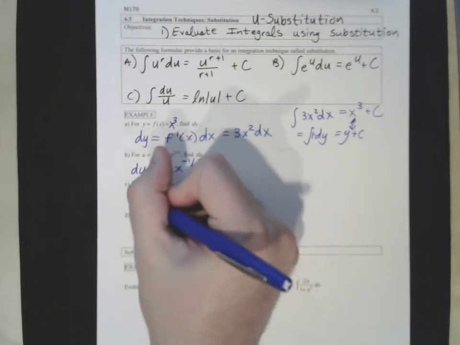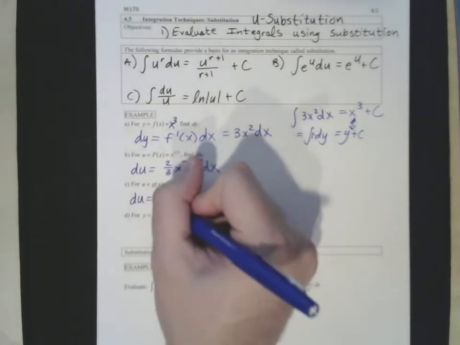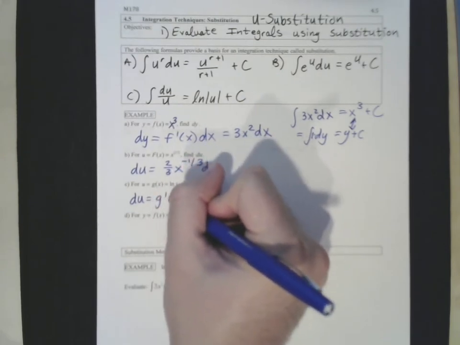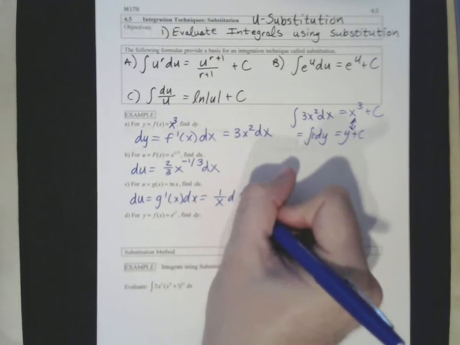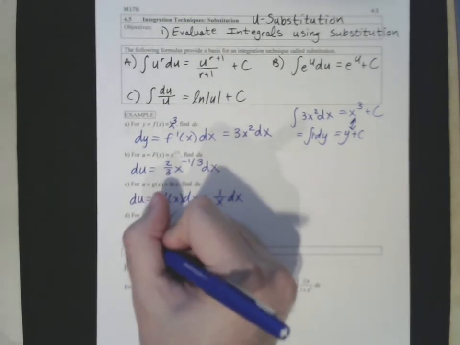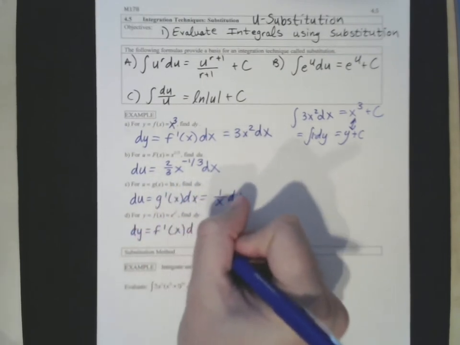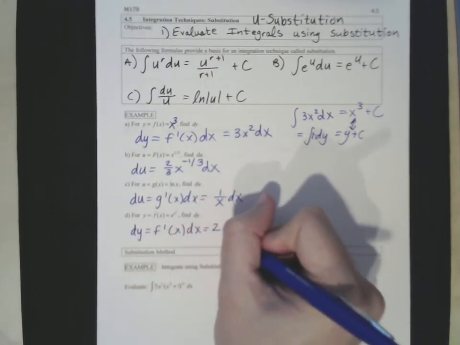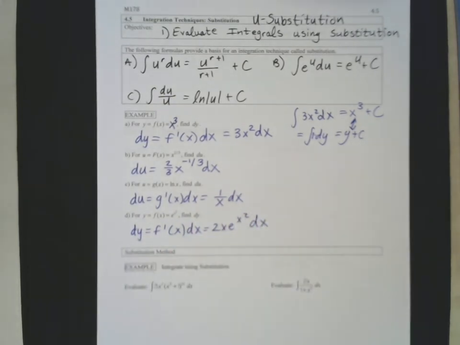In part C, du, since u is ln of x, du, which is g prime of x dx, is 1 over x dx. In part D, we're back to y's. dy is f prime of x dx, which is 2x e to the x squared dx.